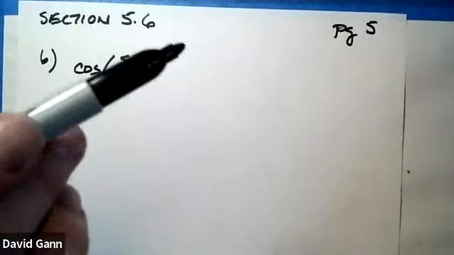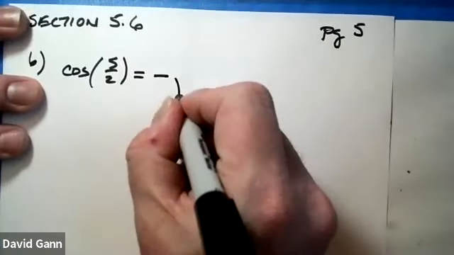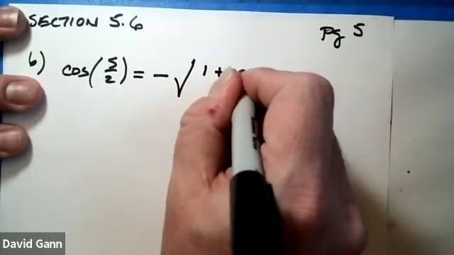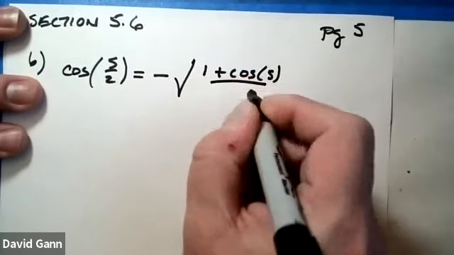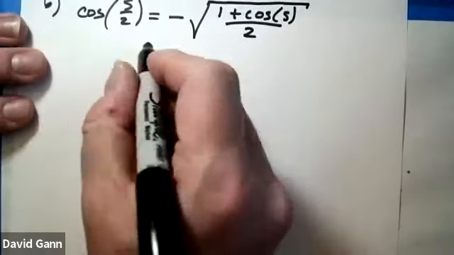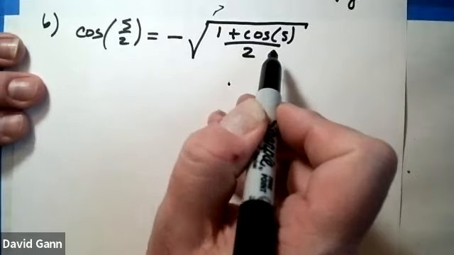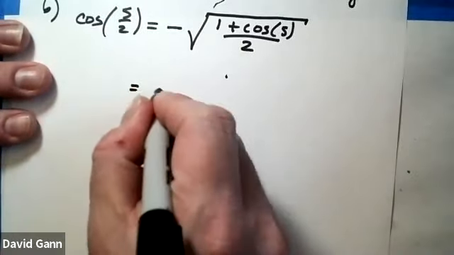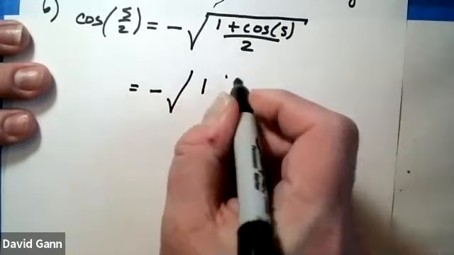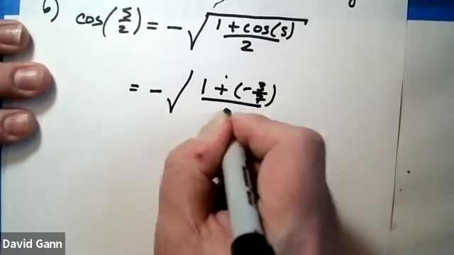So we don't need the plus or minus, we'll just write the negative sign. And this is the square root of 1 plus cosine of S all over 2. Again, cosine of S is negative 3 over 7. So this becomes negative square root of 1 plus negative 3 over 7 over 2.